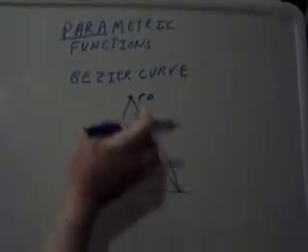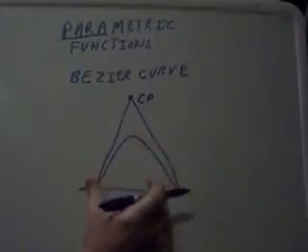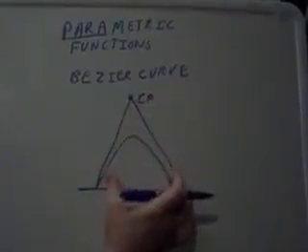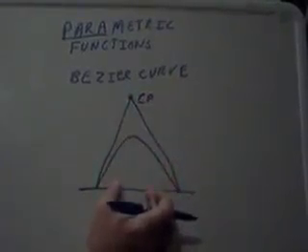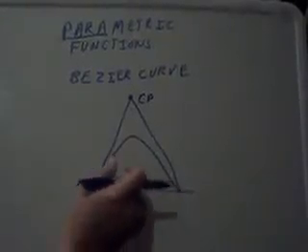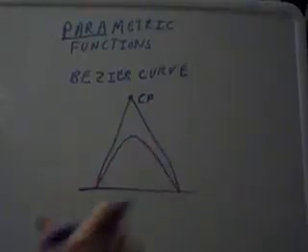So that controls how far out it is. It also controls the width of the curve. The more this stretches out, the more narrow the curve is going to be. But the farther away it is, the wider the curve is going to be.